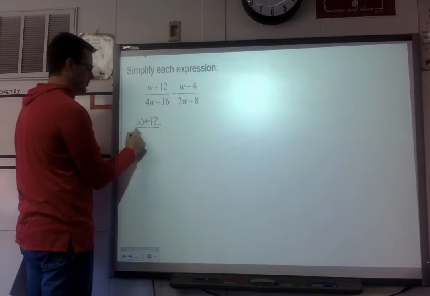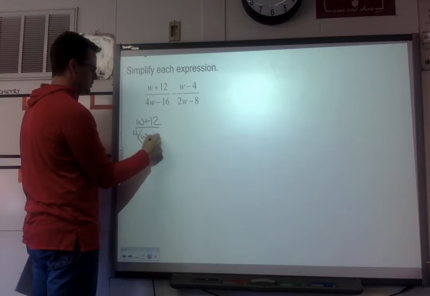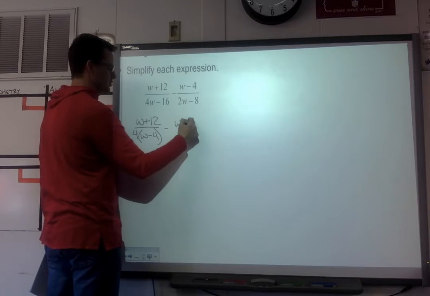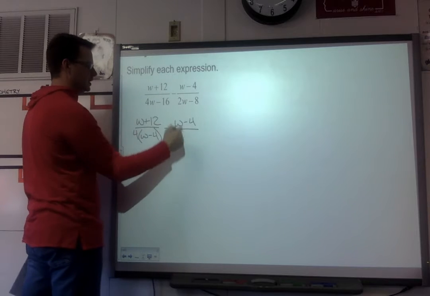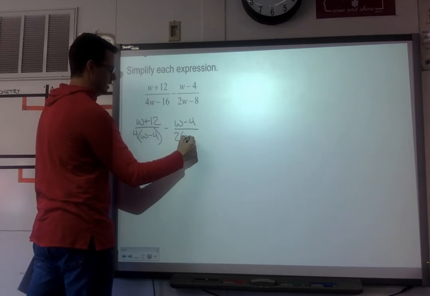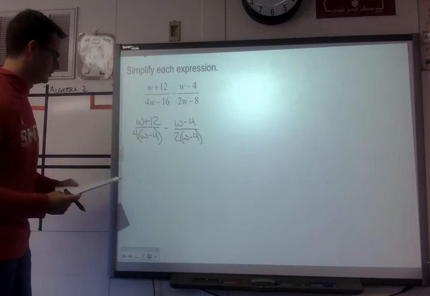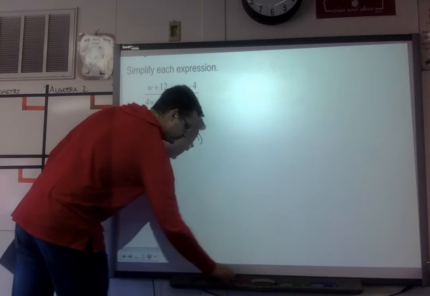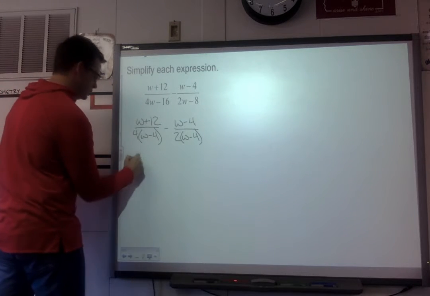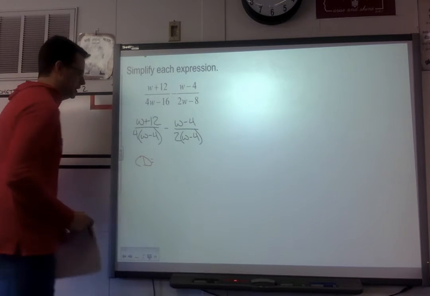We can factor a 4 out, so 4 times w minus 4 minus w minus 4 over, we can factor a 2 out here, and we're left with w minus 4 again. So now using that, we want to take our two denominators and come up with our common denominator.